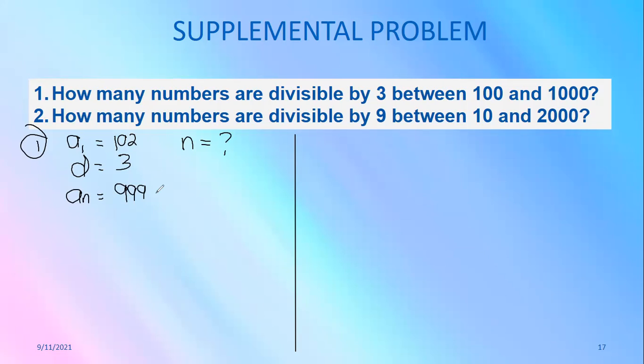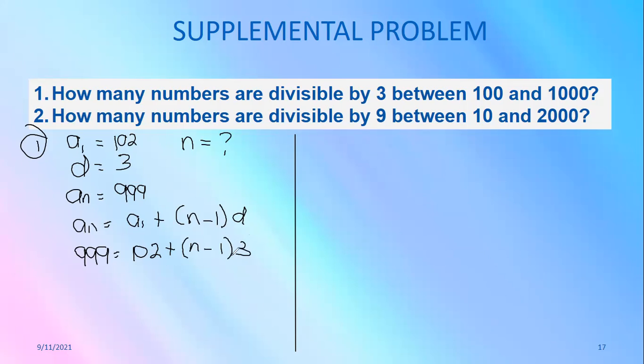Okay, then let's solve. Formula for arithmetic sequence: a sub n is equal to a sub 1 plus n minus 1 multiplied by d. Okay, nth term natin, which is equal to 999, which is equal to 102 plus n minus 1 multiplied by 3.